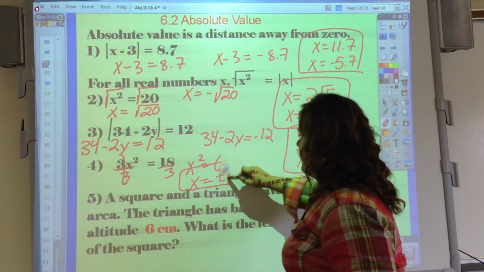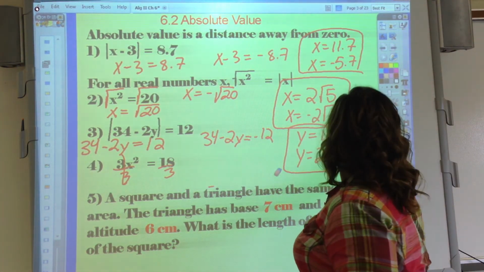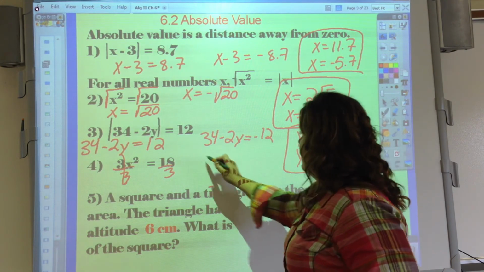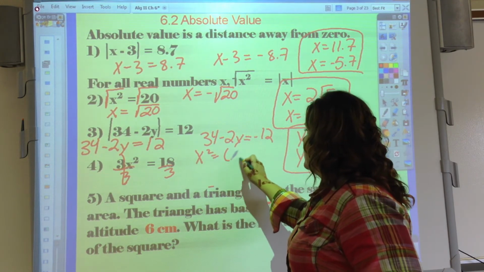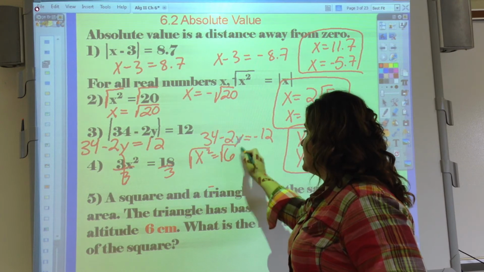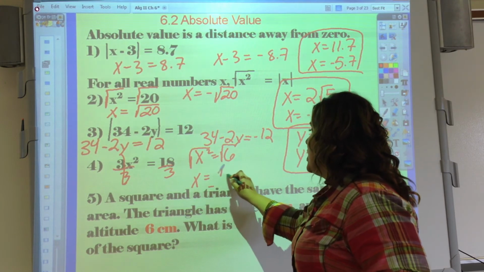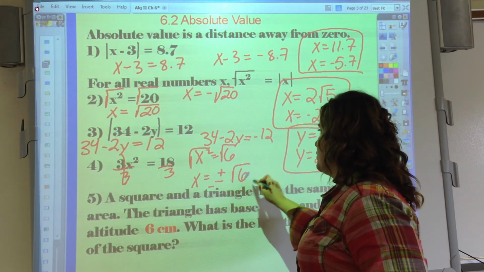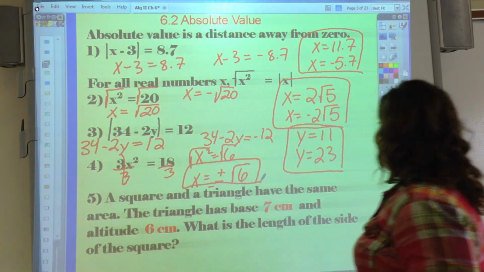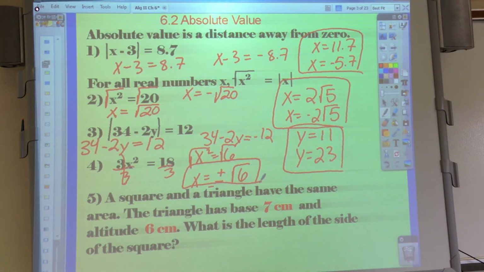That got a little messy, sorry. X squared equals 6. I square root both sides, and x is going to equal a positive and a negative square root of 6.